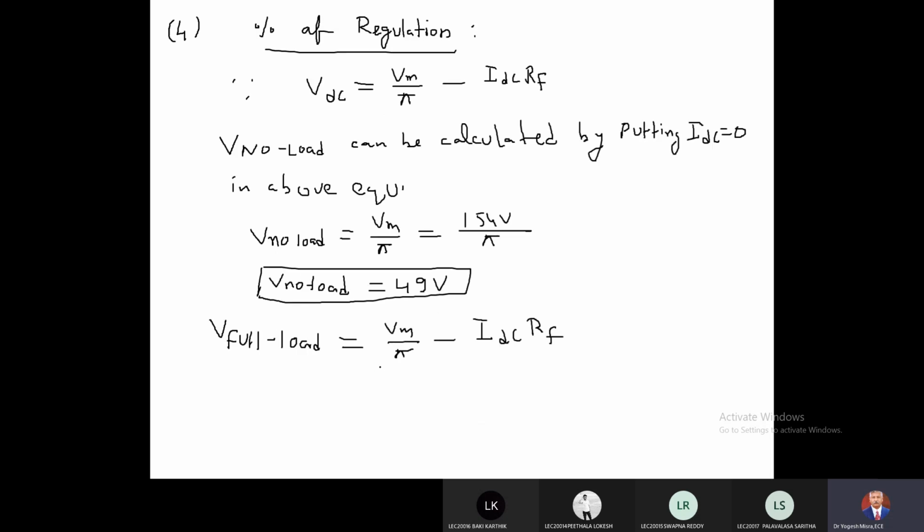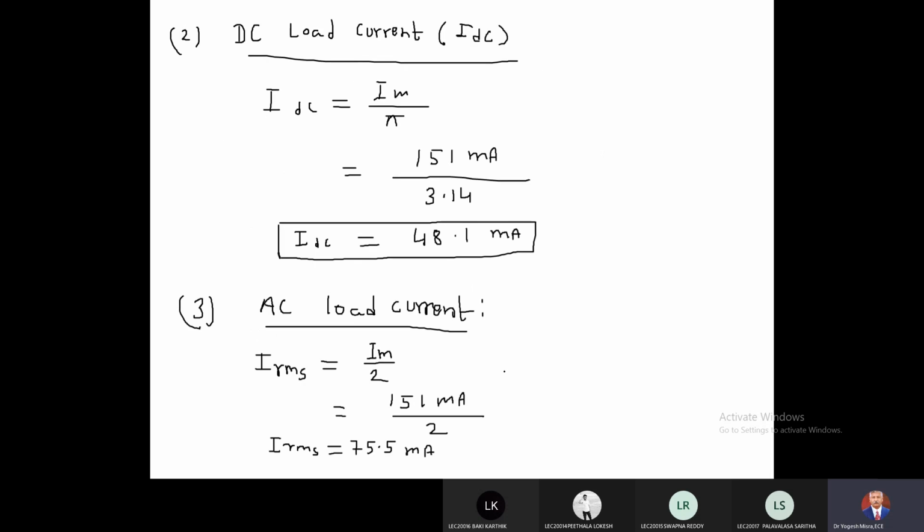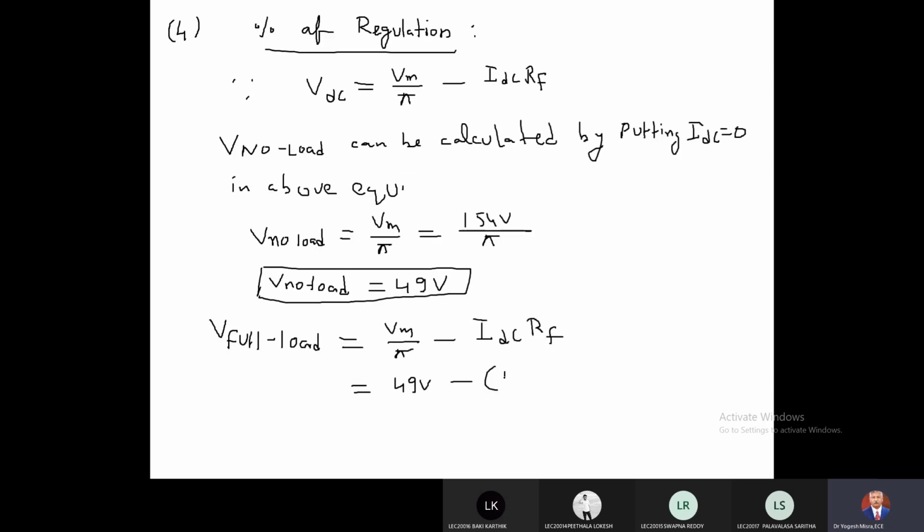Vm by pi already we have calculated, it is 49 volt. So it is 49 volt minus IDC. IDC we have calculated as 48.1 milliampere.